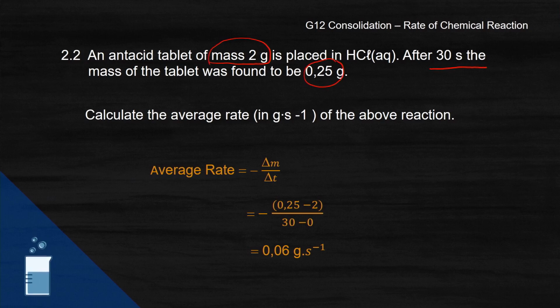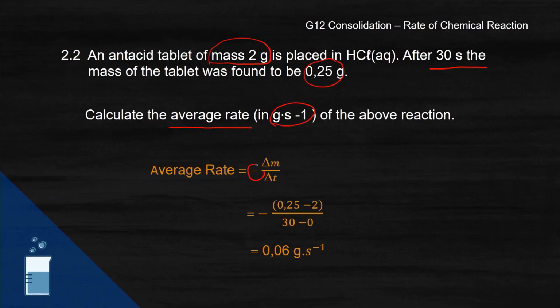What are they giving us? They're giving us a change in mass of the reactant. So calculate the average rate in grams per second of the above reaction. Average rate is minus delta m over delta t. Why is there a minus there?